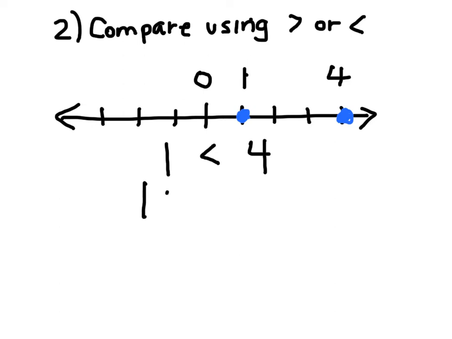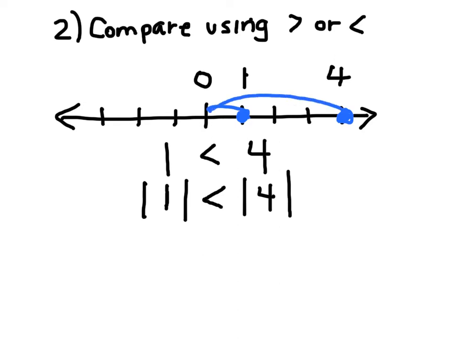If I'm comparing absolute values, the absolute value of 1 and the absolute value of 4, which symbol goes between them? Well, if you said less than, you're correct, because the absolute value of 1 is still 1, and the absolute value of 4 is 4, and 4 is a greater distance from 0 than 1 is.